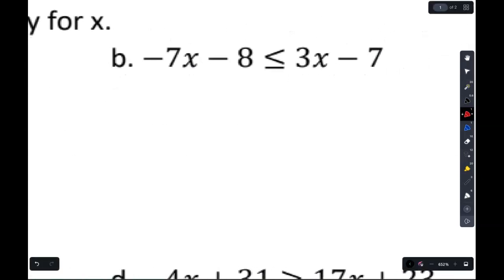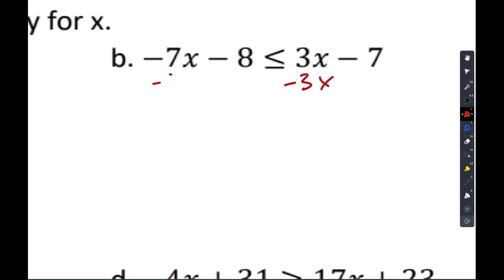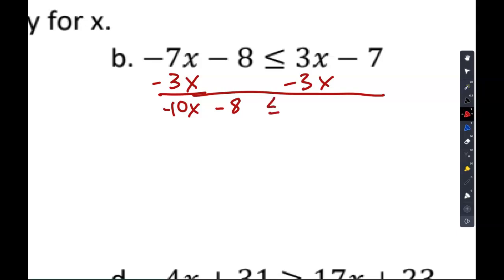Okay, here we have a variable on both sides, and what I tell my class is to move the letters to the left. So I'm going to first subtract this 3x on both sides. Come all the way across here. And negative 7 minus 3 is negative 10x. Drop down to negative 8, less than or equal to negative 7.